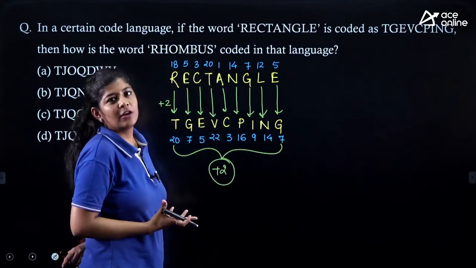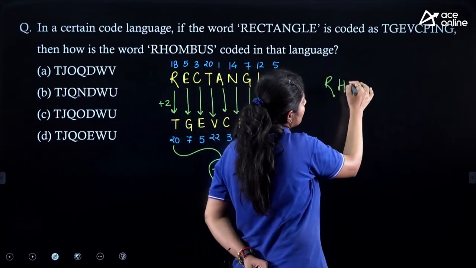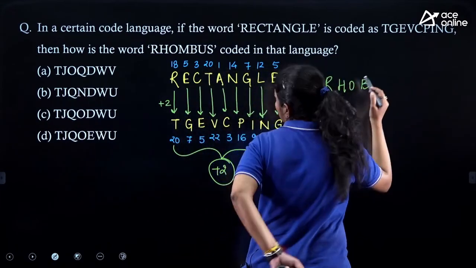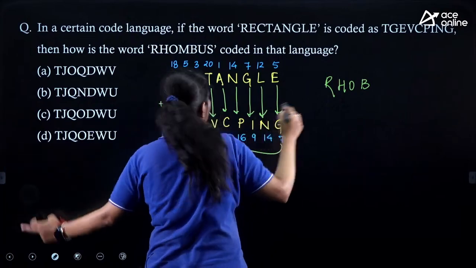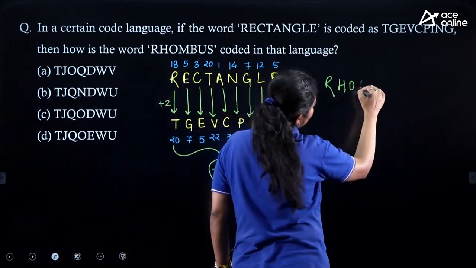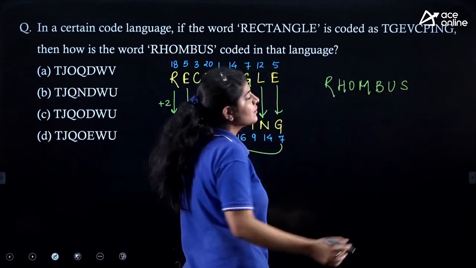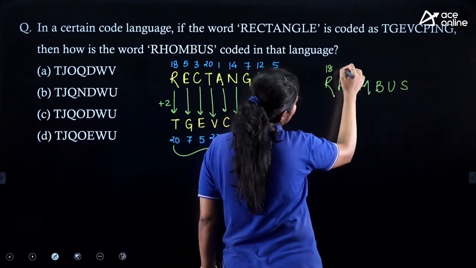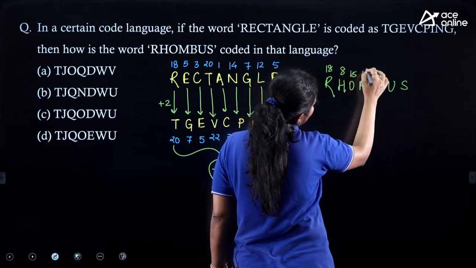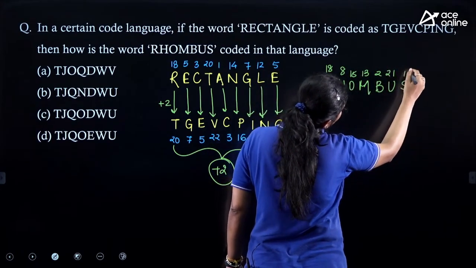We have just applied the logic of plus 2, and we need to apply the same logic with the word rhombus. The associated numbers of these alphabets are 18, 8, 15, 13, 2, 21 and 19.